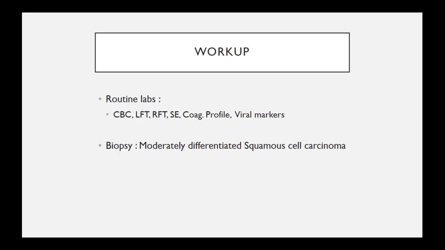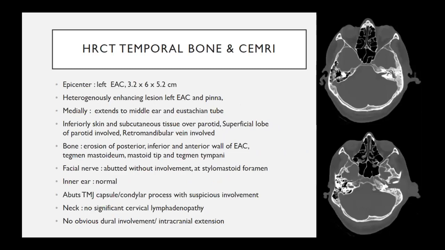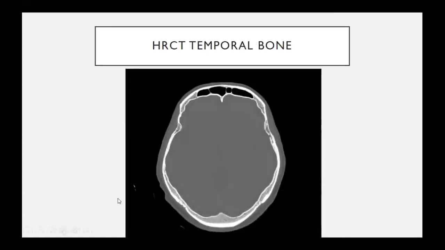We did a biopsy in this patient, which was reported as moderately differentiated squamous cell carcinoma. Radiological workup was done, which included both HRCT temporal bone and a contrast-enhanced MRI of face and neck. This is an axial HRCT temporal bone.